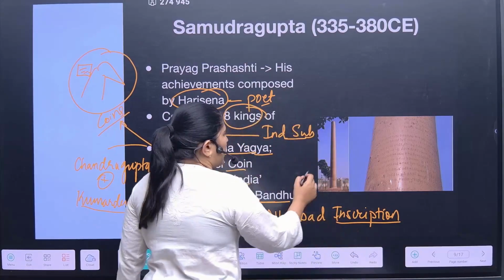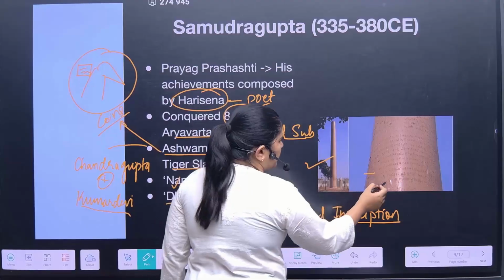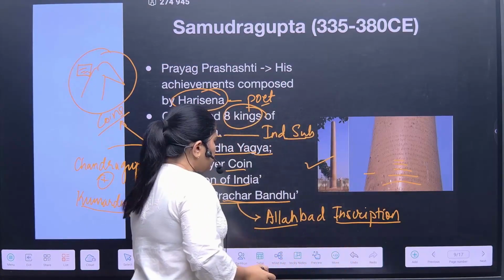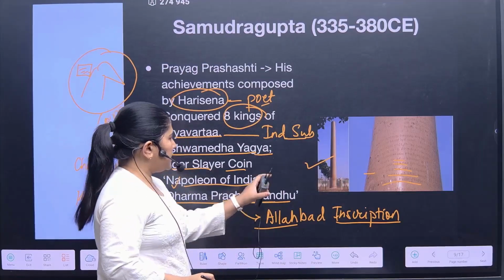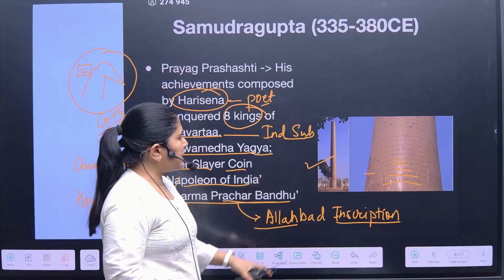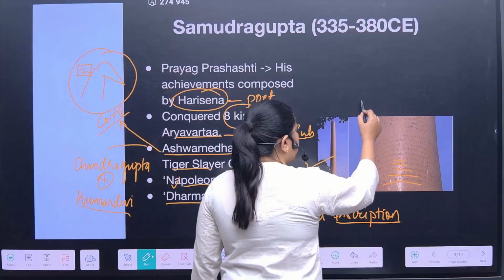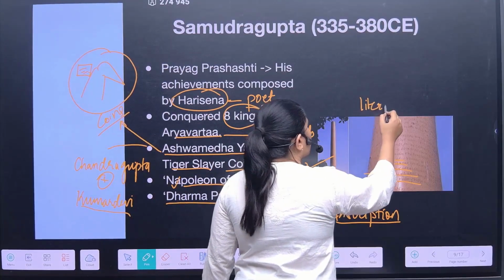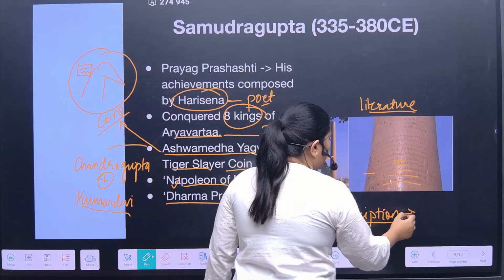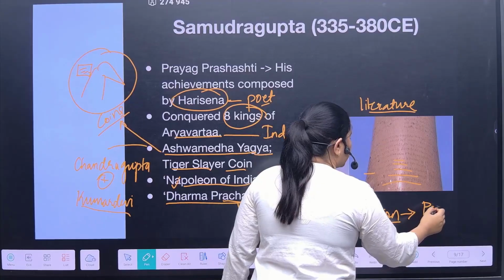See here, there are texts written, in Prakrit as well. The Sanskrit text is not here, but would be evident in the literature, and on the inscription you will have the Prakrit.